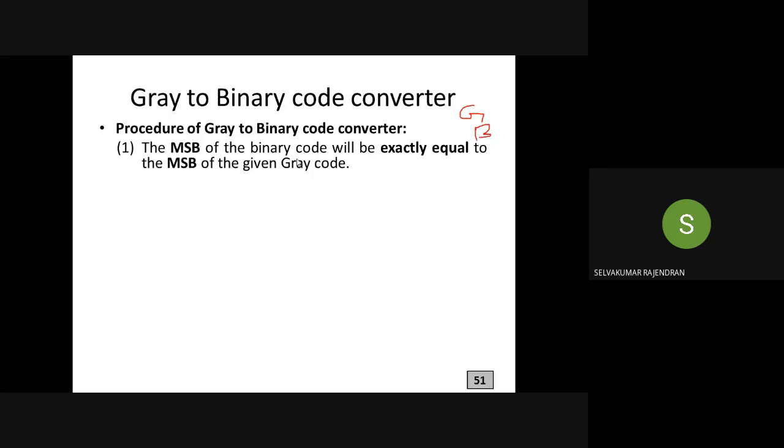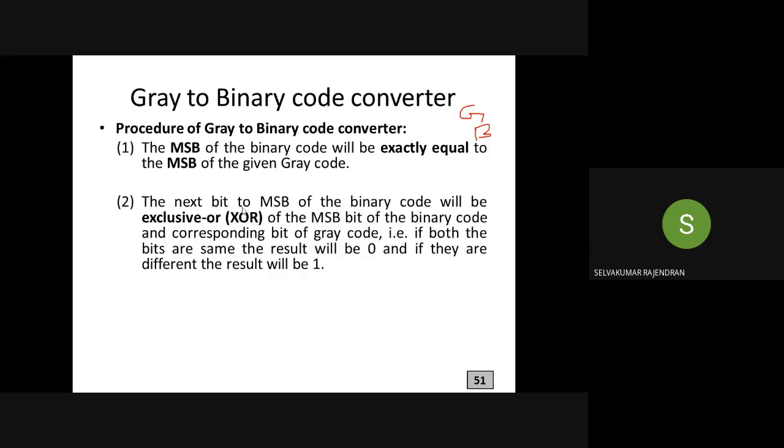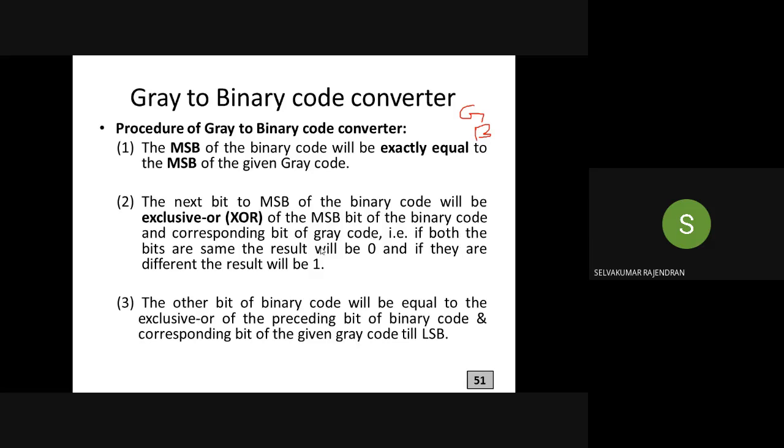The MSB of the binary code will be exactly equal to the MSB of the given gray code. Then the next bit of the binary code will be the exclusive OR of the MSB bit of the binary value that is obtained and the corresponding bit of the gray code. That is, if both the bits are the same, the result will be 0, otherwise the result is 1. This procedure is followed until the LSB bit.